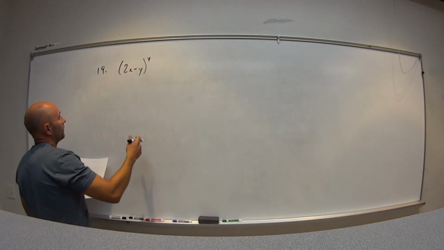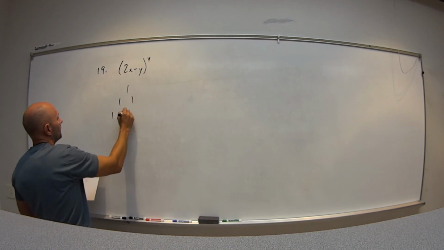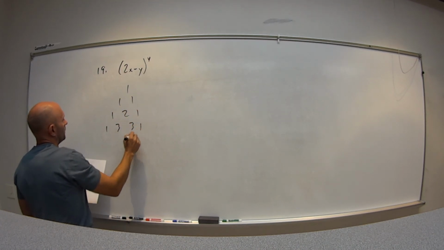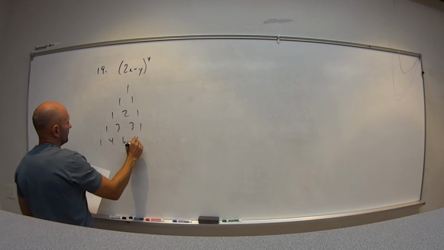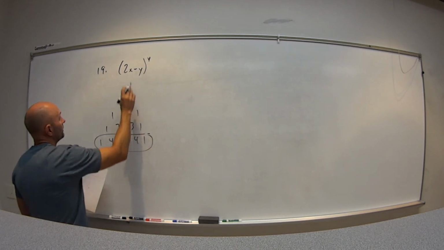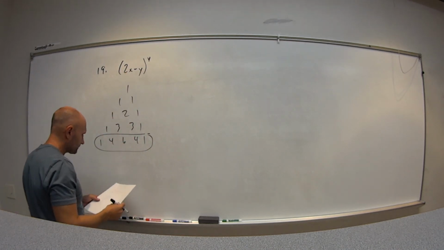If we use Pascal's triangle, this is the rule we're using for the 4th power.